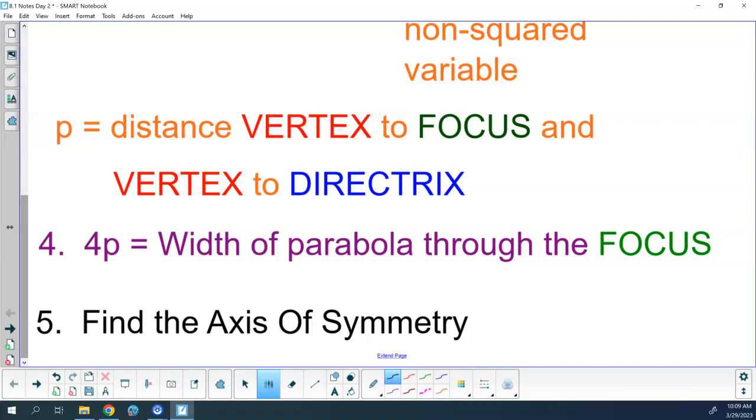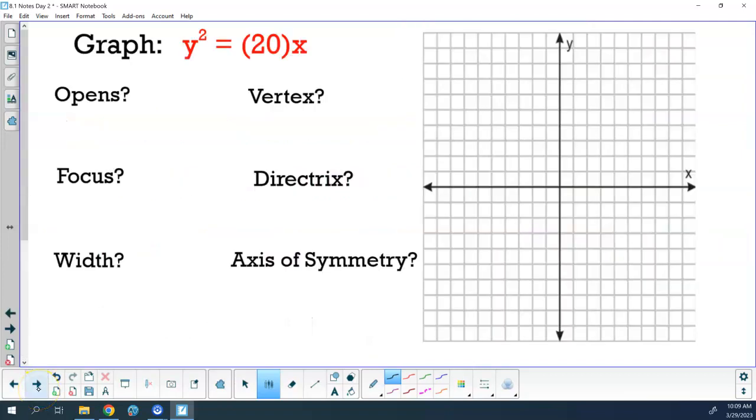So again, you'd want to have that sheet out so that you can go through and answer all these wonderful questions. Y squared equals 20x is our first example of the day. So step 1, you just told me, we need to figure out the direction of opening. Which way?